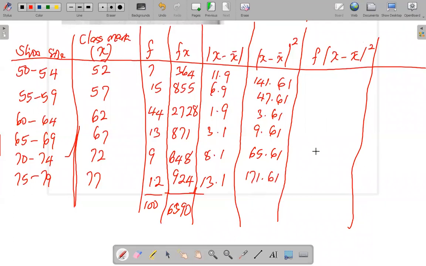And F times X minus X bar squared. That is the frequency multiplied by the squared deviation from the mean. F here is 7 multiplied by 141.61, which is 991.27. And here we have 15 multiplied by 47.61, which is 714.15.